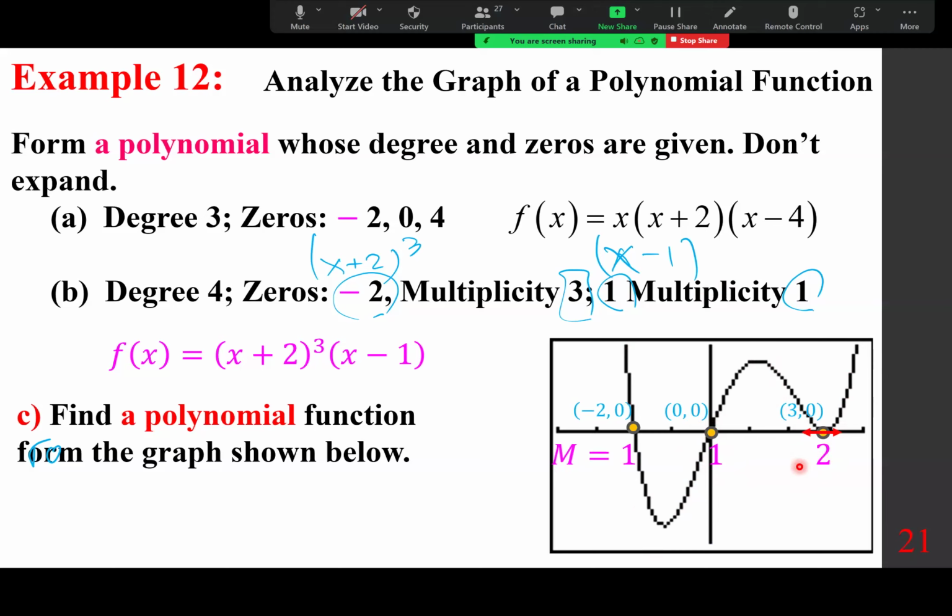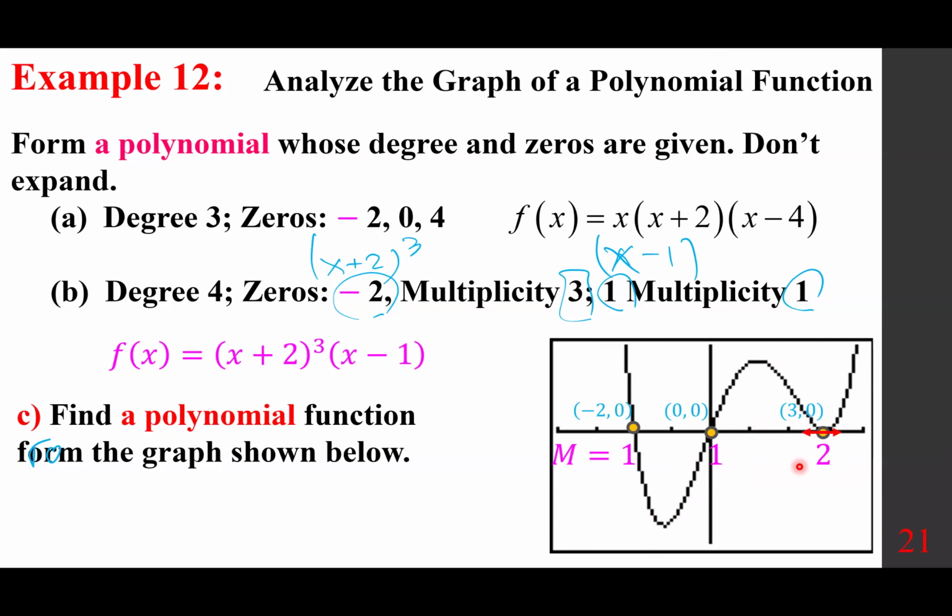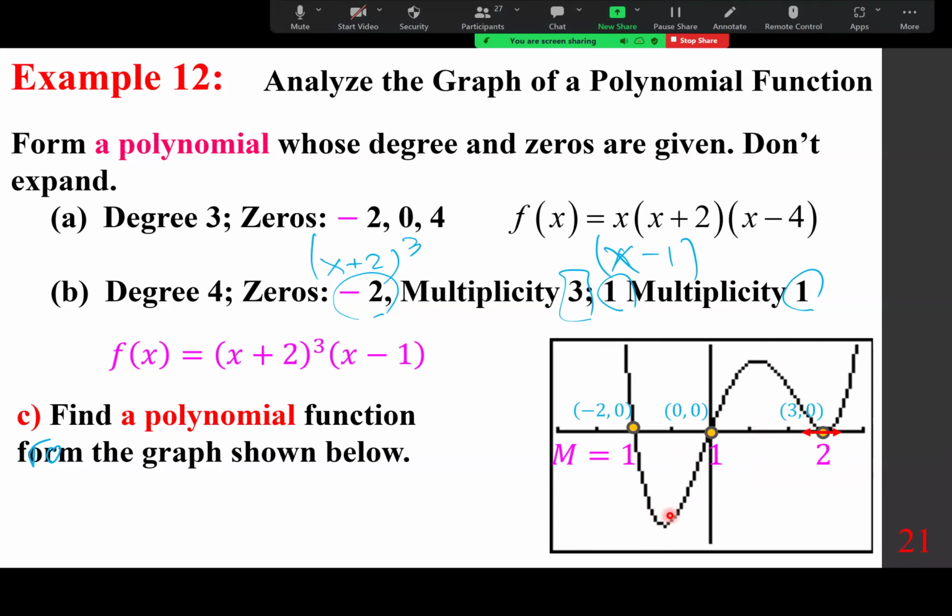And of course, look at the turning points: 1, 2, 3. That means the degree is at least 4. Okay, so this would be x plus 2, this would be x minus 0, or simply x, and this would be x minus 3. However, the multiplicity is 2.